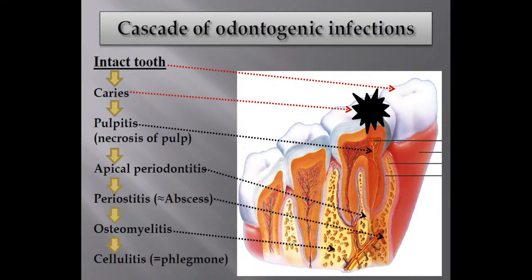Then bacteria can go down to the root apices and go through them to the periodontium, and we can say it's periodontitis, and we can see it on X-ray.